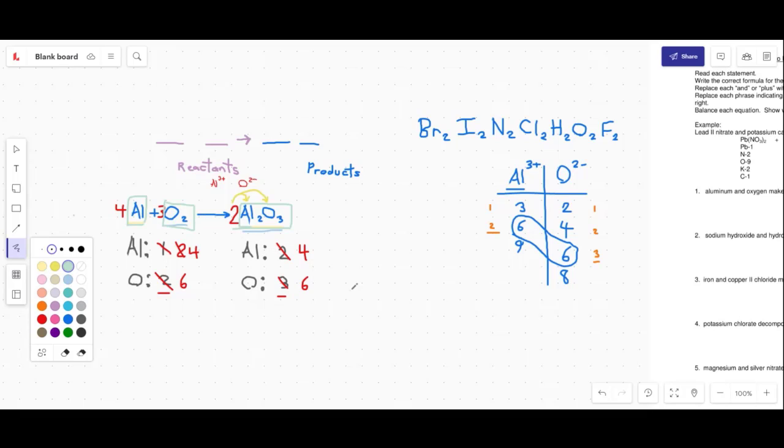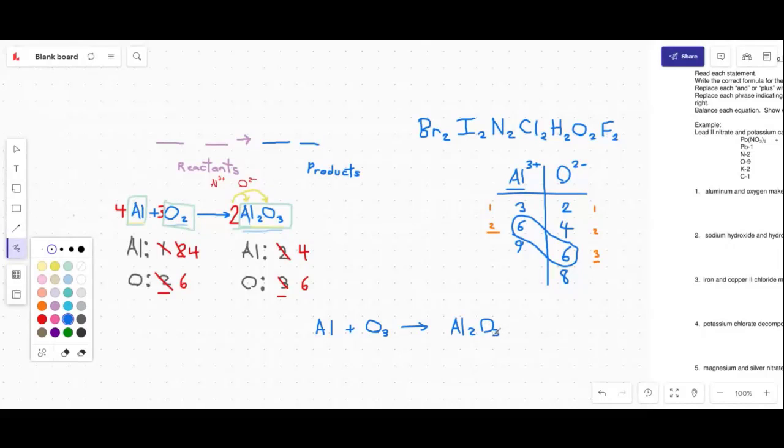Like for example, if I was reacting with ozone, ozone is O3 actually, it's the other elemental form of oxygen. So if I had O3, this would be a different equation. It would end up balancing differently if I used ozone to make aluminum oxide.